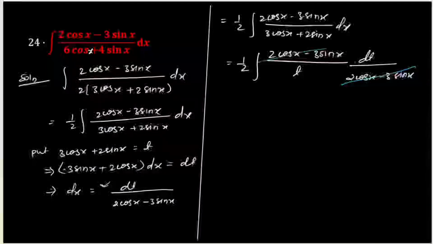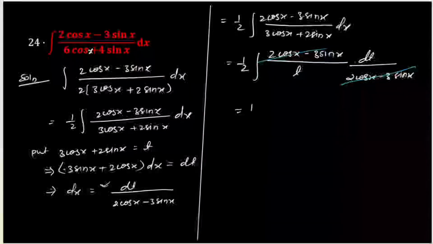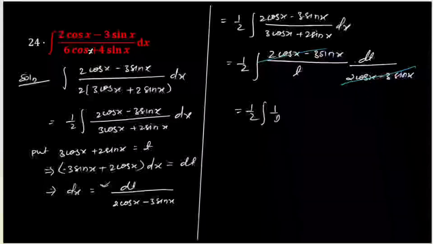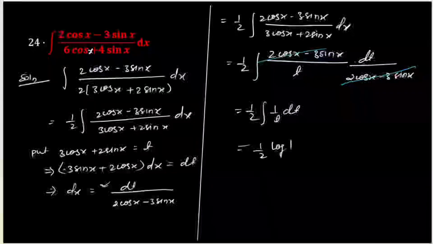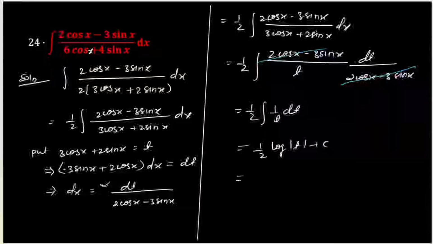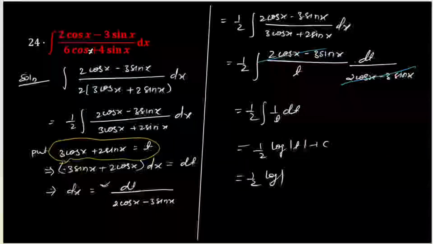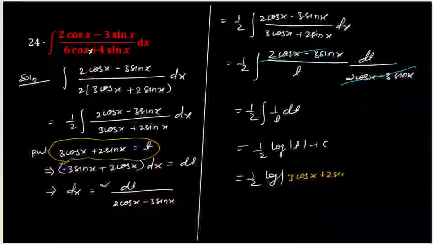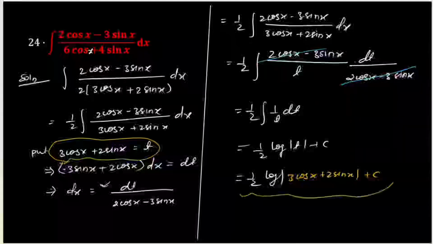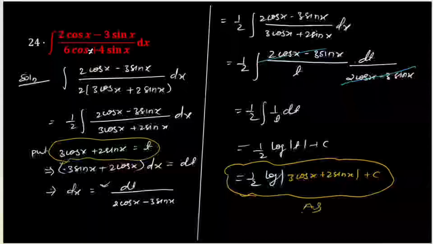Therefore this is cancelled and 1 by t into dt will be left, and this integral is equal to log t plus c, and t is replaced in terms of x. We get 1 by 2 log of 3 cos x plus 2 sin x plus c. This is the required answer.